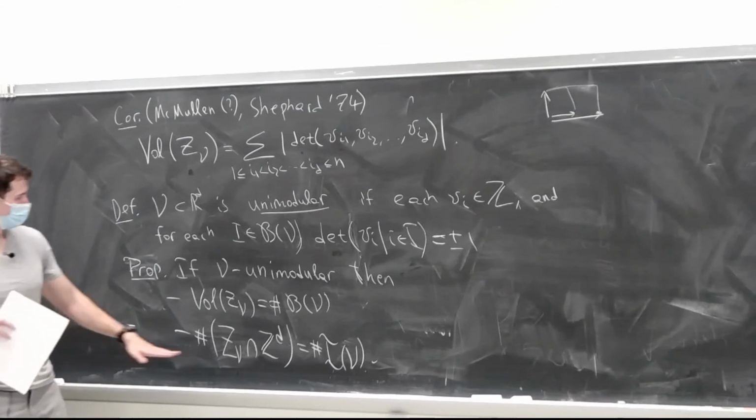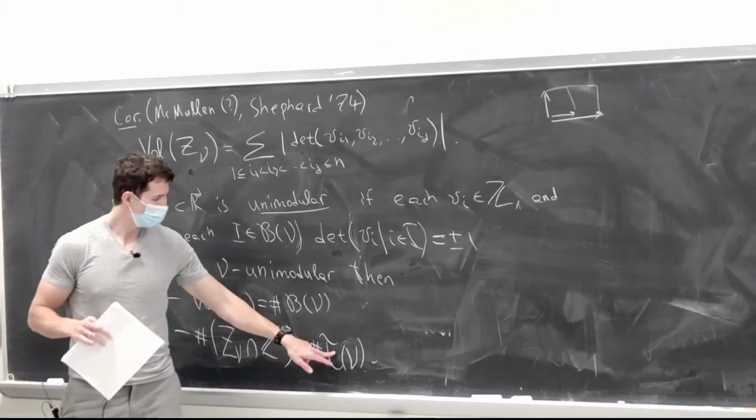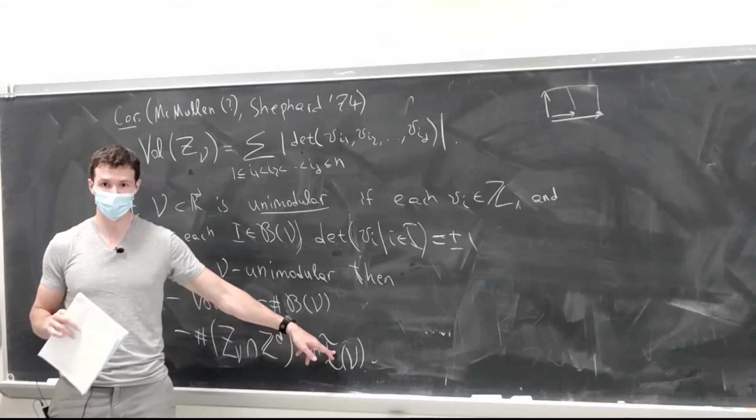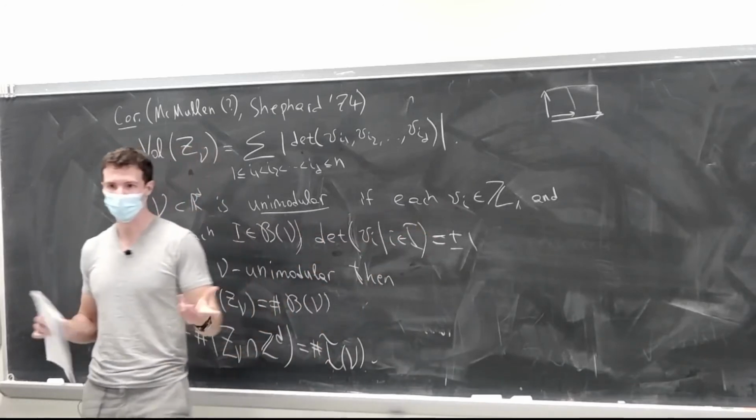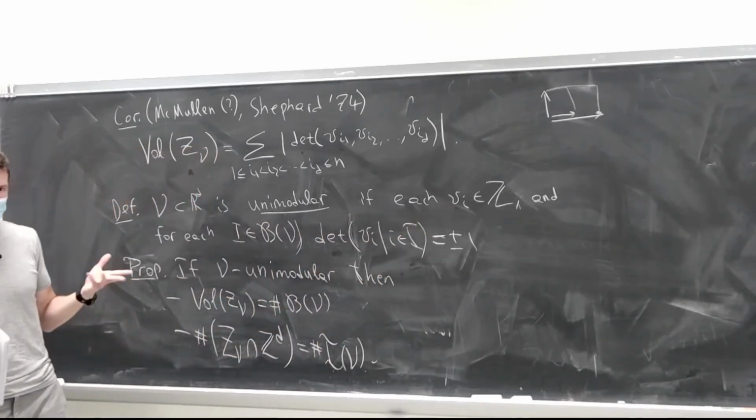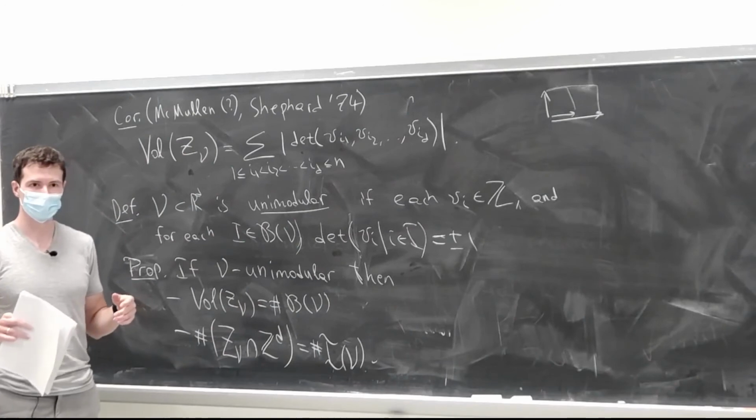So in other words, remember the right-hand side here is the number of vertices of any fine zonotopal tiling. And if all vectors are integers, then all of those vertices are also going to have integer coordinates.